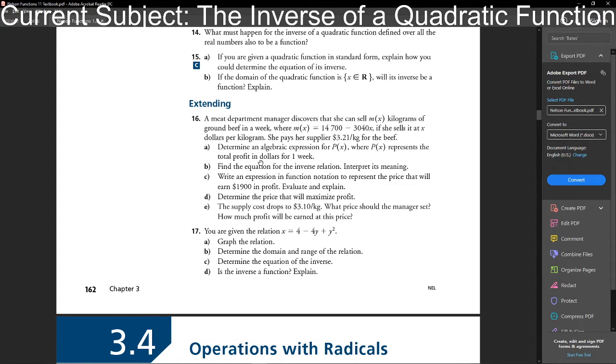And what does it mean? It just shows us what she should price her meat at in order to make a certain amount of profit.